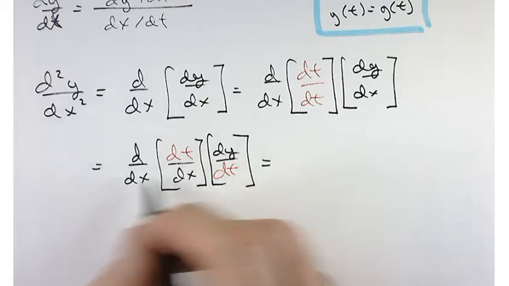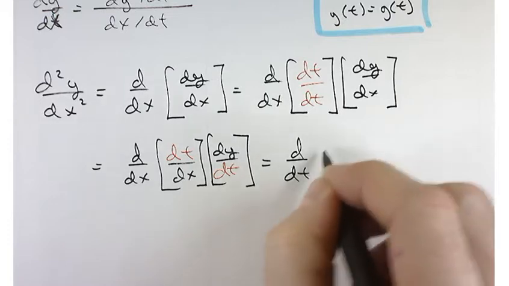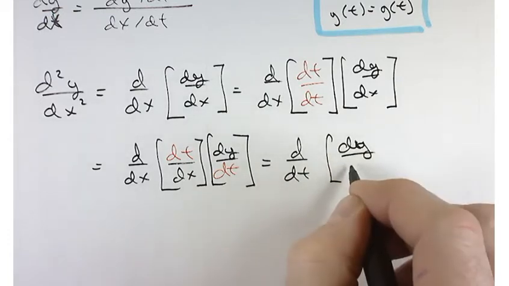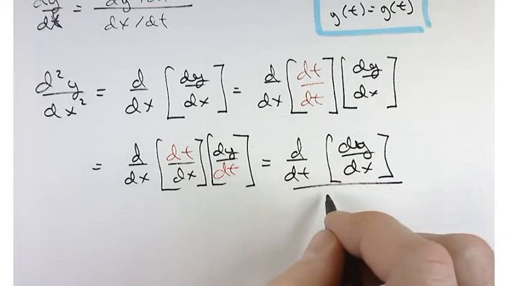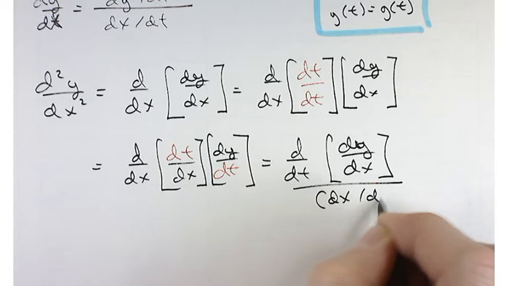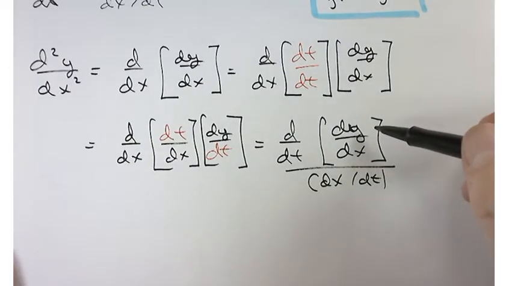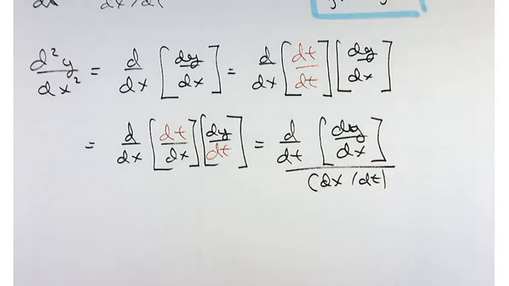Yeah, I'm going to rewrite this a little bit more. d by dt of dy by dx, over dx by dt. And that's kind of the last stop. Basically, you're going to differentiate your first derivative and divide it by dx by dt.